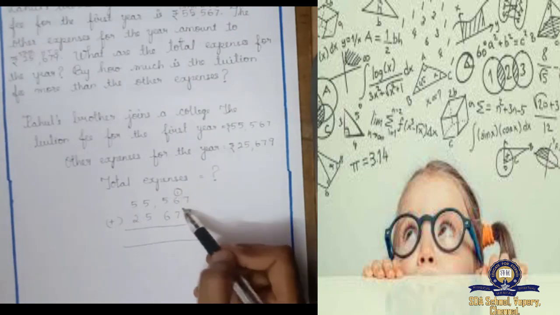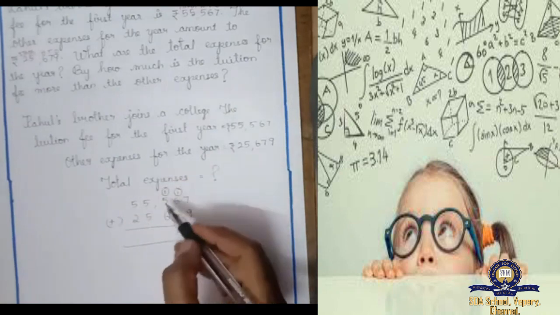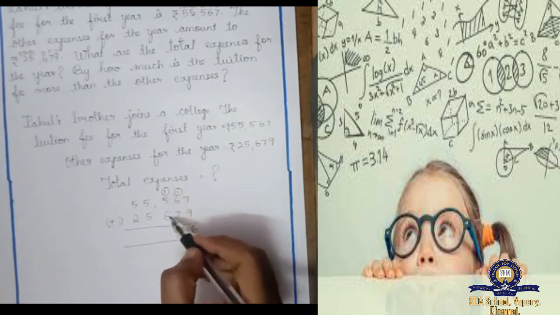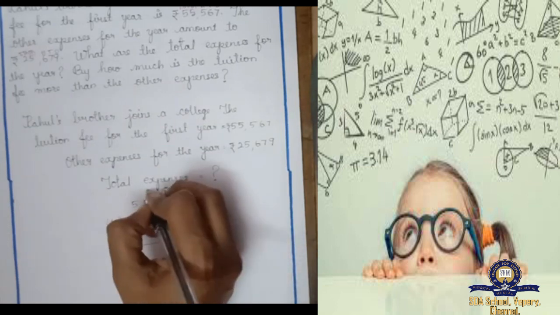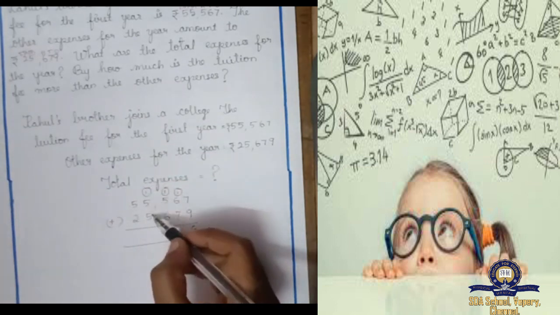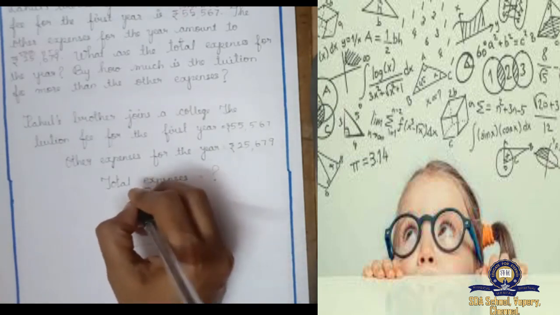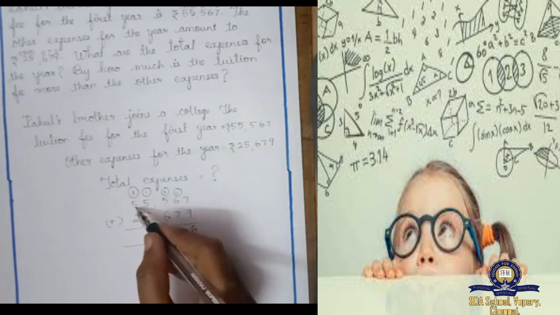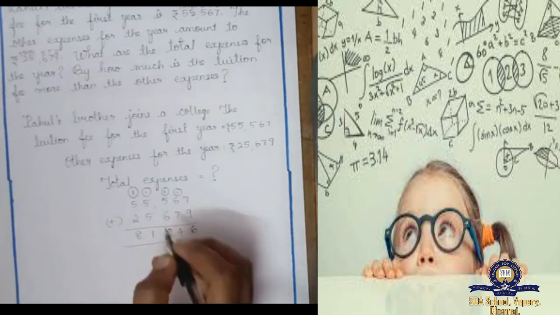Here 7. 7 plus 7, 14. 5 plus 1 is 6. Here already 6. So 6 plus 6 is 12. 5 plus 5, 10. 10 plus 1, 11. 5 plus 2, 7. 7 plus 1, 8.